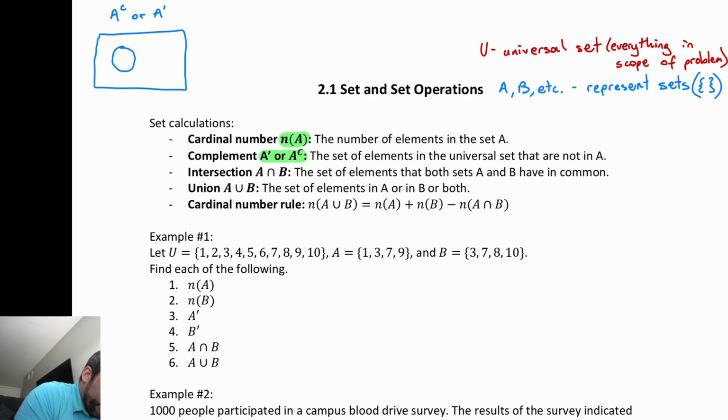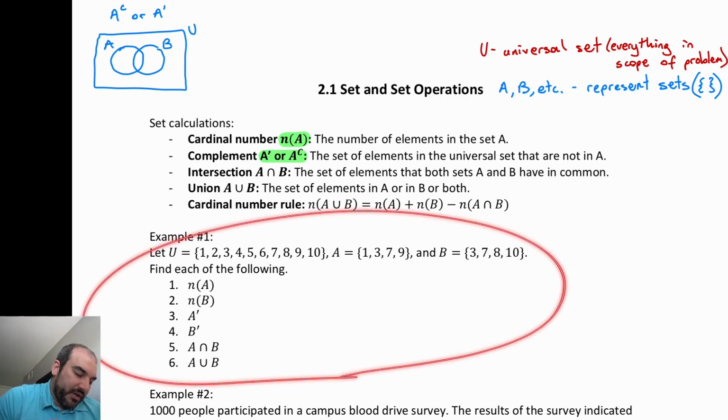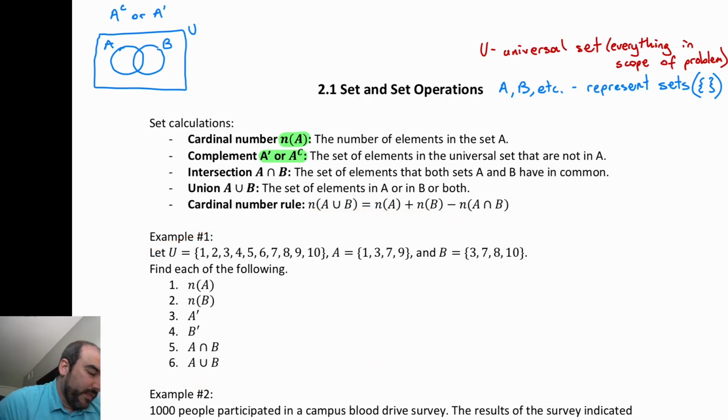I'll do it with 2 sets, but you can generalize it to a 3 set intersection. So we'll have set A, set B, and the universal set to mirror the example you're working on here. There may or may not be some overlap between A and B.